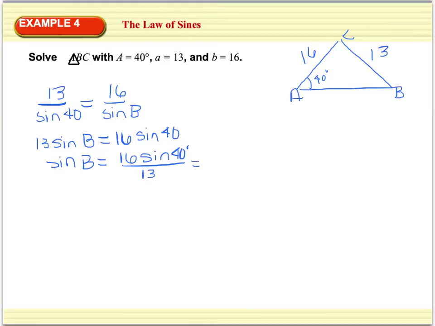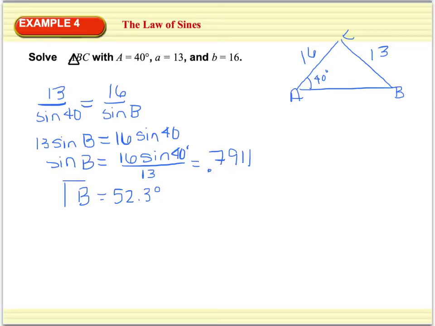This here will give us 0.7911. And when I go ahead and solve for angle B, by taking the inverse, I get 52.3 degrees.